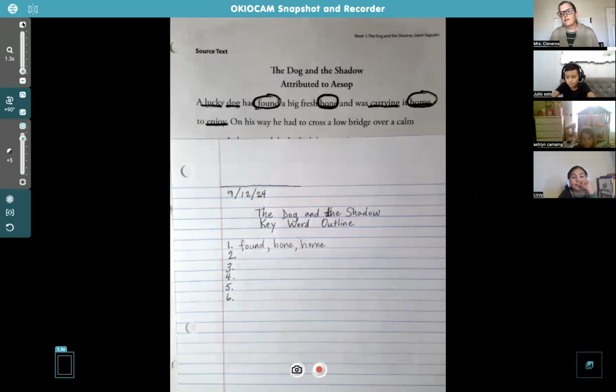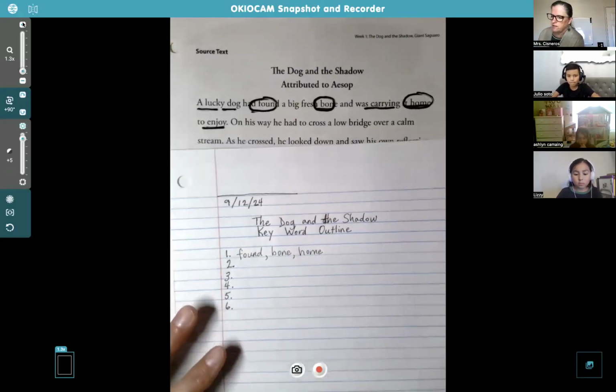Remember that, Lizzie? If you draw a little picture, you can use that and you don't have to count that. And you can use an abbreviation and you don't have to count that as a word. So abbreviation would be like for the word Monday, you could put MON dot, and that's short for Monday, right? So there are some things that we can use for free if we need to.